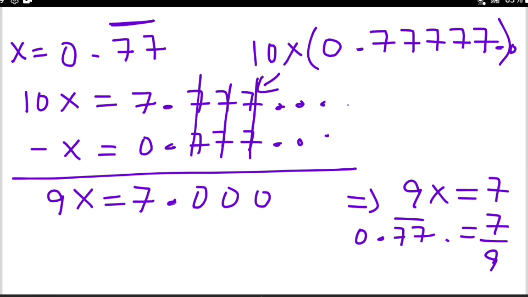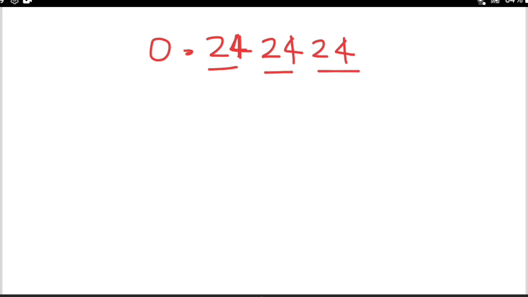If a single digit is repeating, then you multiply by 10, isn't it? So if we have two digits repeating, just like 0.242424, that means how many digits are repeating? Two digits at a time, isn't it? So in this case you have to multiply by 100, because two digits are repeating.